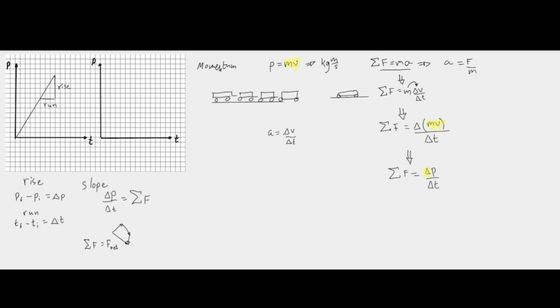So if the velocity is changing, there must be an acceleration. And if there's an acceleration, there must be a force acting on the object. So that's how all those are connected. A change in momentum with respect to time means that there's a force acting on the object, that the object's accelerating and its velocity is changing.